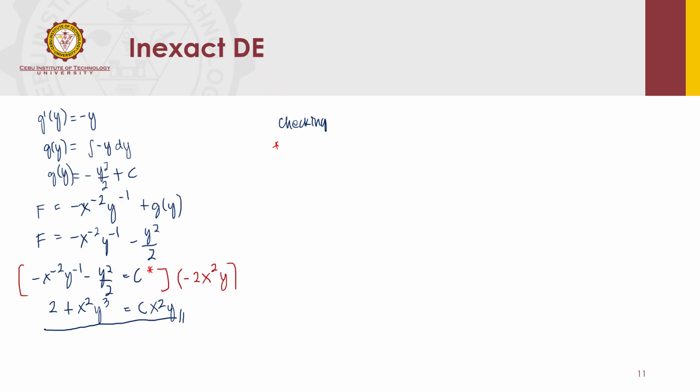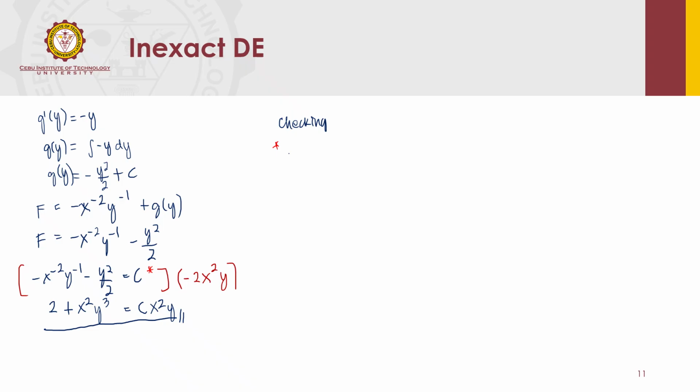So if we're going to solve for the total differential, we start with dx, meaning we differentiate partially with respect to x.